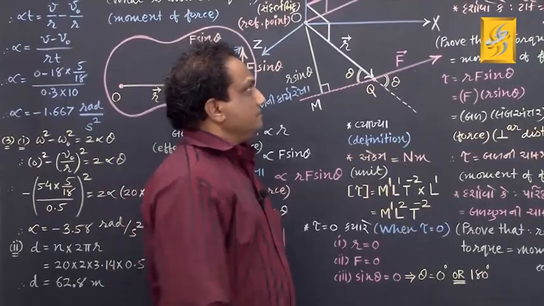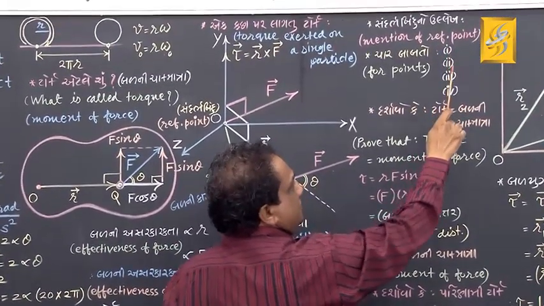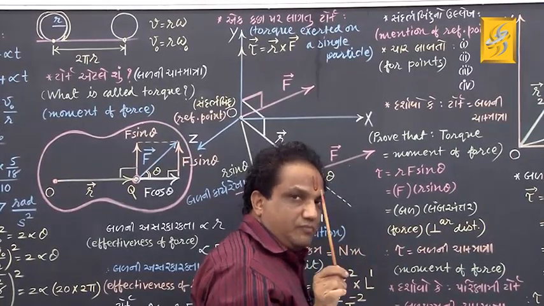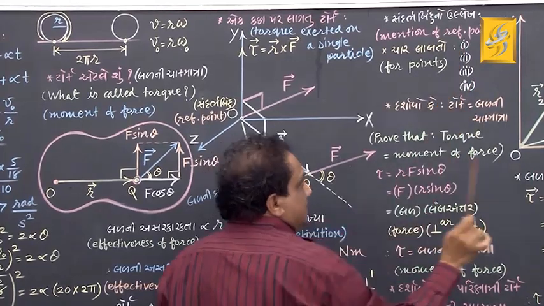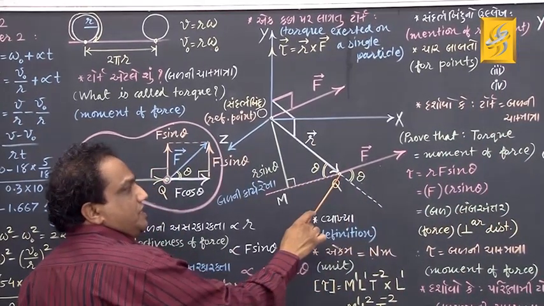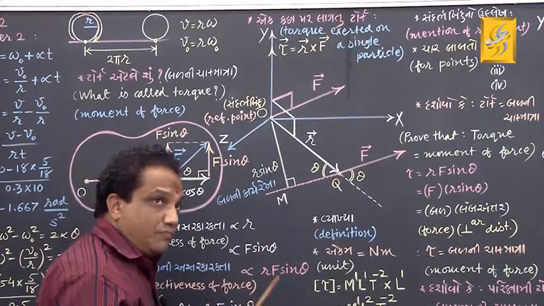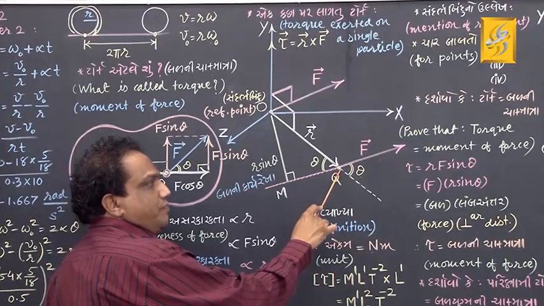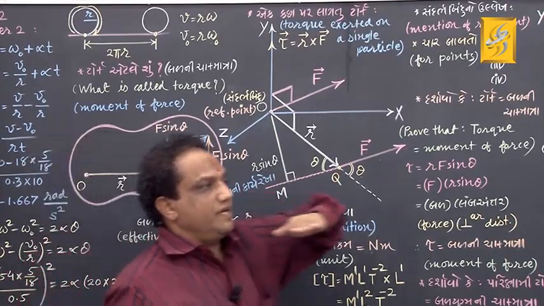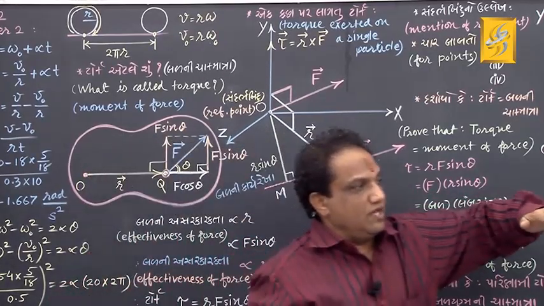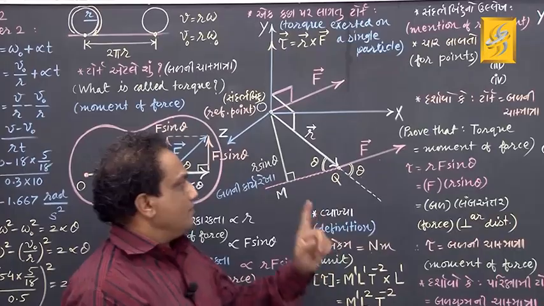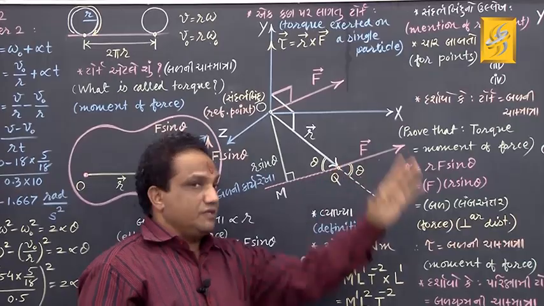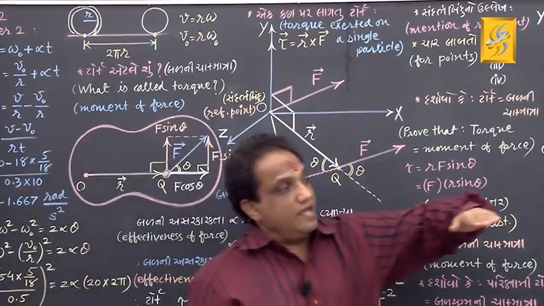Okay, fine. Now remember, 4 points are not necessary. I am showing you one by one. First, it is not necessary that the considered particle must be of a rigid body. Second, it is not necessary that this particle should lie in the XZ plane, the horizontal plane only. Third, it is not necessary that the force should be exerted on that particle in a direction in the horizontal plane.